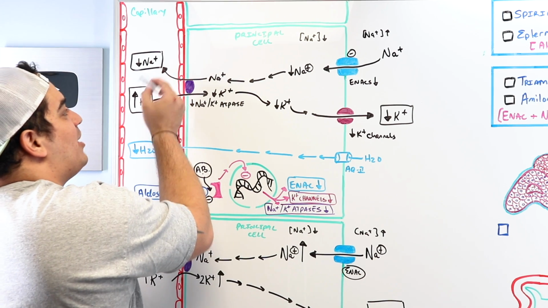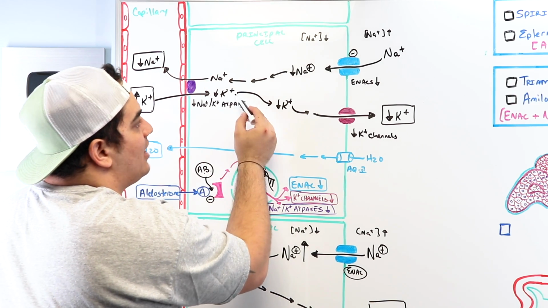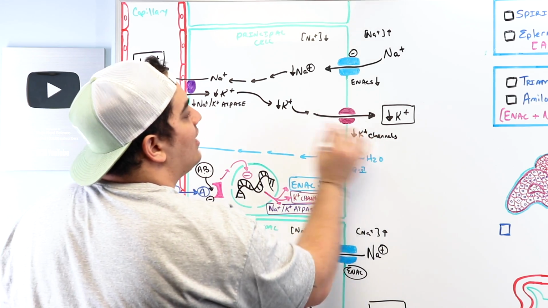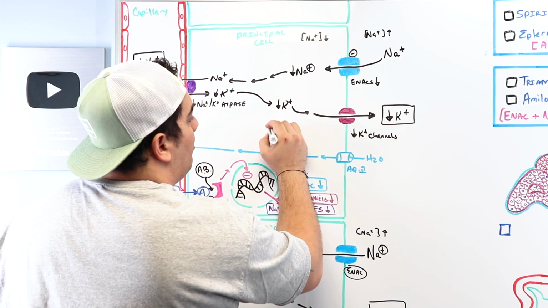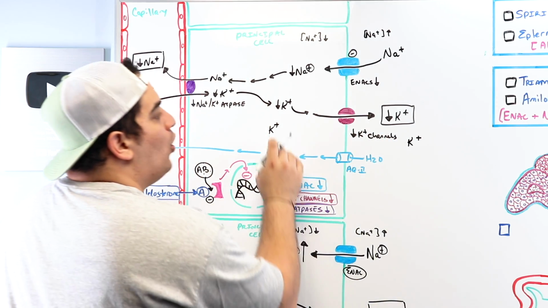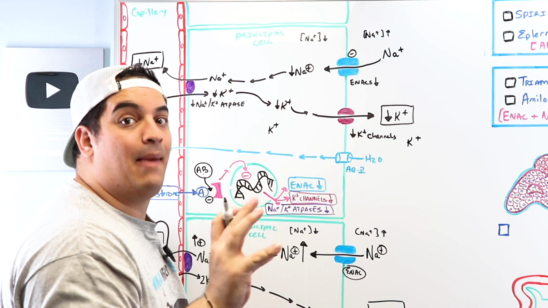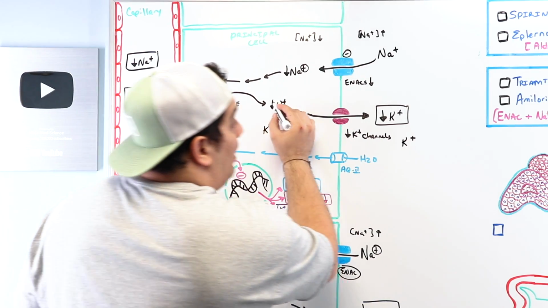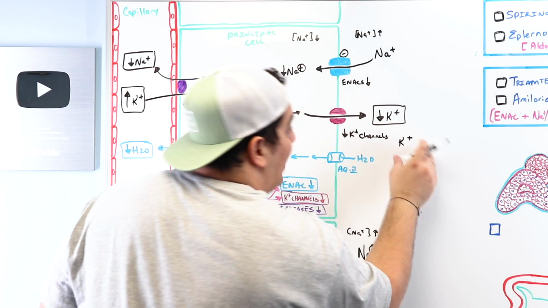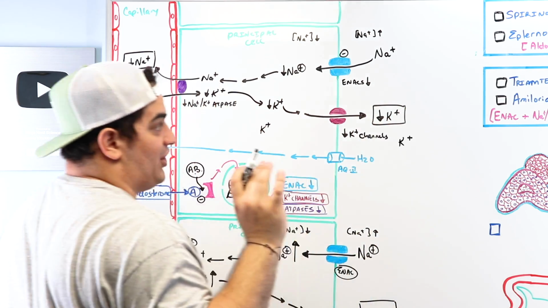Less sodium gets reabsorbed, less potassium gets moved into the cell, and then because there's less potassium moving into the cell, the concentration gradient between potassium in the cell and potassium outside of the cell won't be as high. So what does that mean? That means that less potassium will move from inside of the cell to outside of the cell into that tubular lumen. And that means less potassium is excreted.